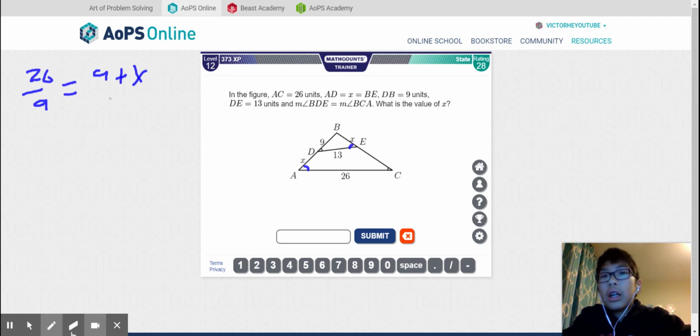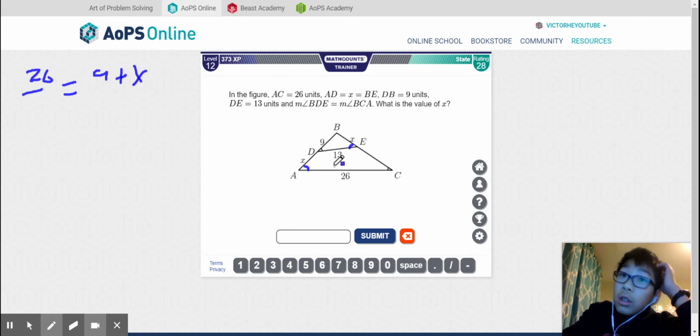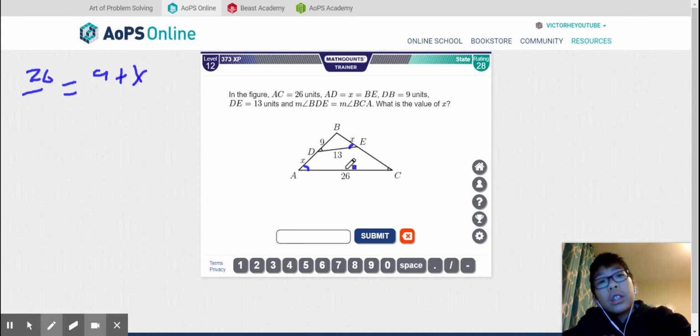Oh, wait, my bad. So actually, this is the hypotenuse. This is not a right triangle though. This is just the diagonal, and this is the diagonal for BDE.